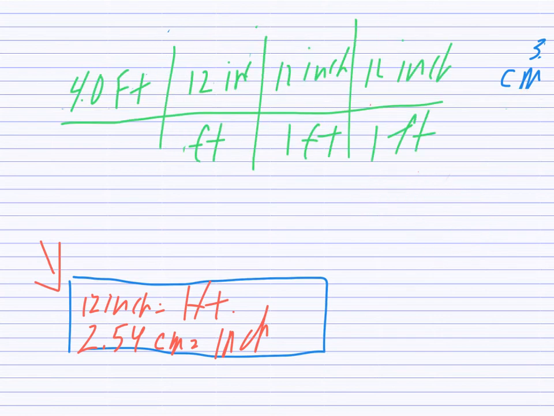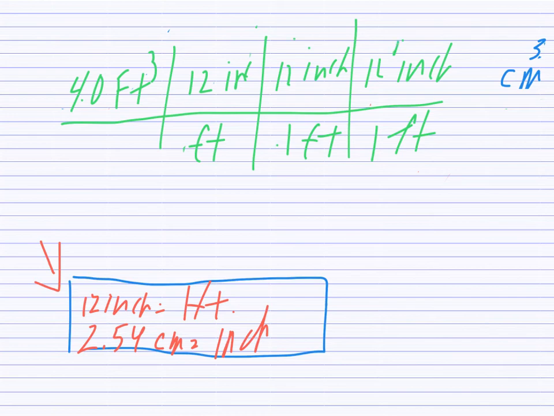To explain that cubic cancellation a second way, you can think of essentially cubing it by multiplying by the same fraction 3 times. So if you took step 1, 4 cubic feet, and you want to change it to cubic centimeters, you could multiply by 12 inches equals a foot, 12 inches equals a foot, 12 inches equals a foot.